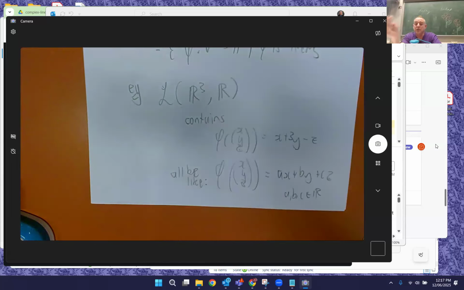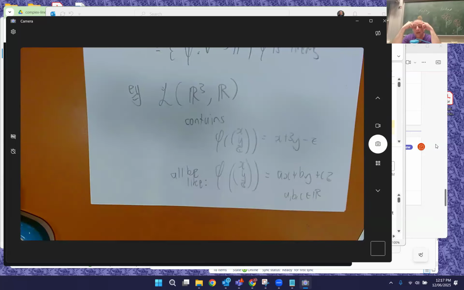Which, interestingly, means that every one of these things has 3 coefficients. And so that means it's the same size as R3. The collection of linear maps is described by 3 real numbers in the same way as the vectors in R3 are described by 3 real numbers. So it's the same size as R3. And the theorem probably says that it's isomorphic to R3.